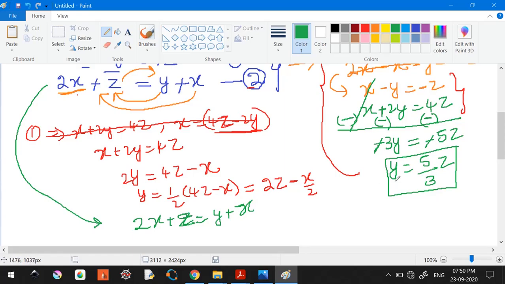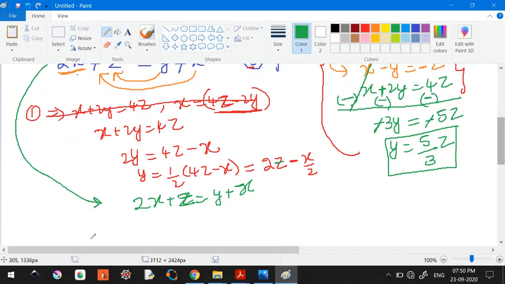So 2X, this X, if it comes this side, minus X is equal to Y minus Z, or you can keep Z this side itself, plus Z is equal to Y. I have taken X this side, which gives 2X minus X is X plus Z is equal to Y, right?